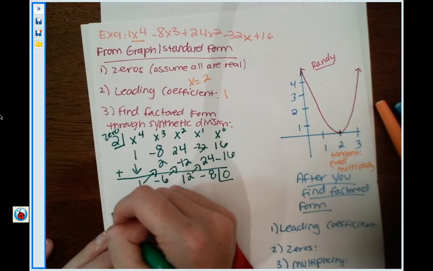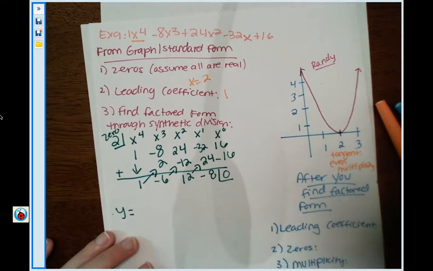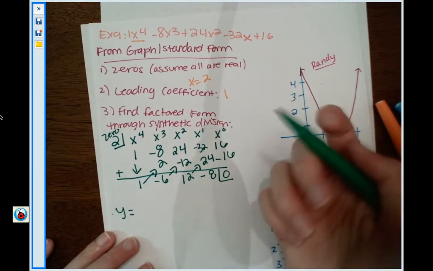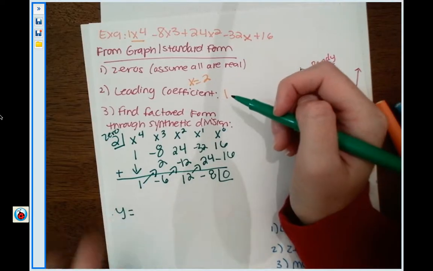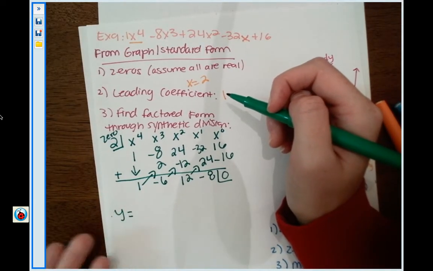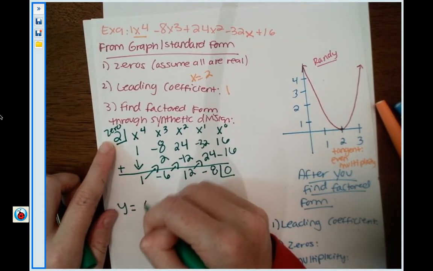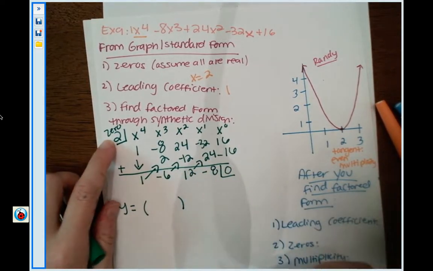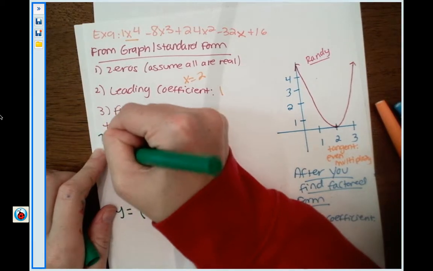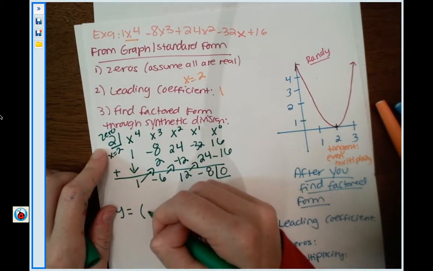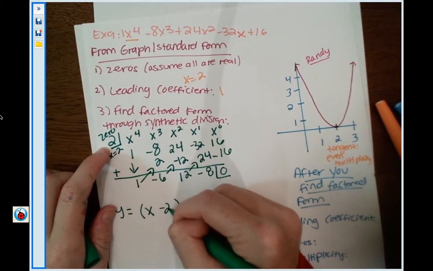So what we do, you guys, we start with our y equals. We start with our leading coefficient, but since it's a 1, I don't really need to write it, unless you really want to. Then I'm going to write my 0 that I found first. My 0 is x equals 2. So in factored form, it's going to be the opposite, so x minus 2.